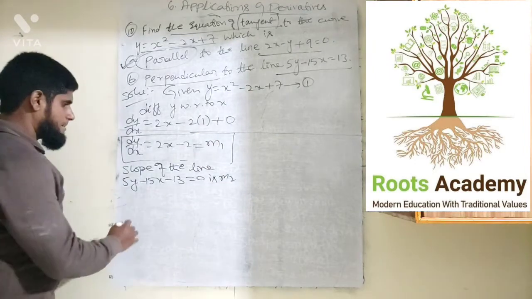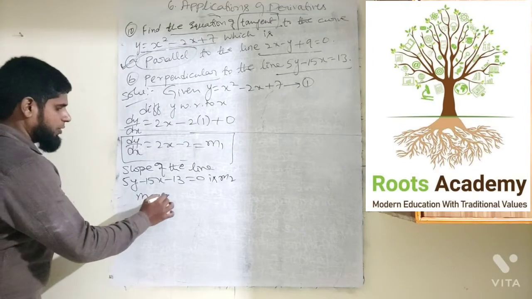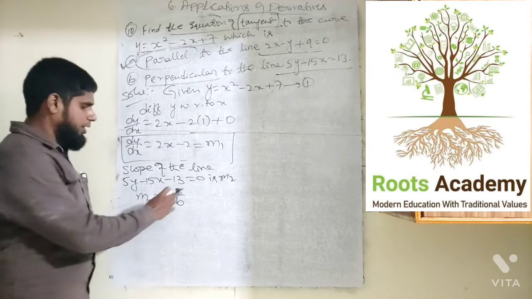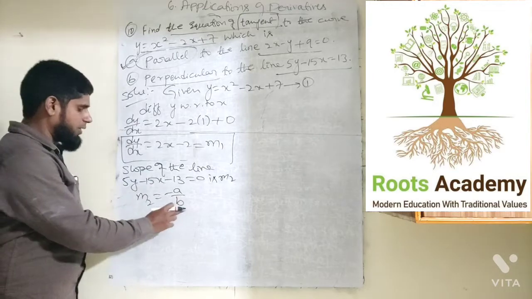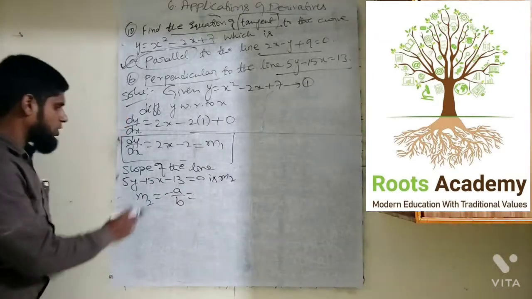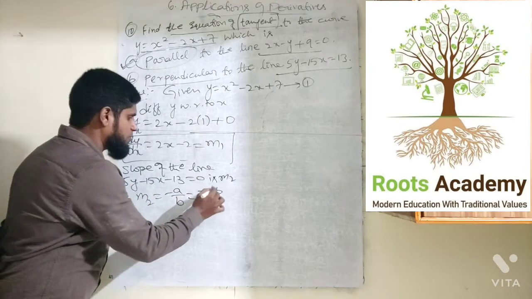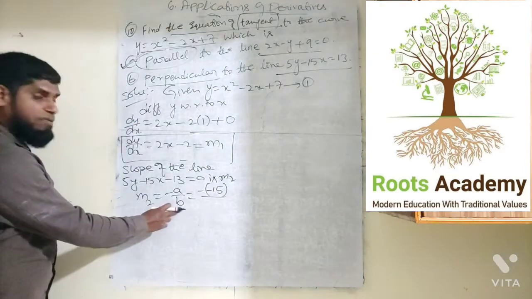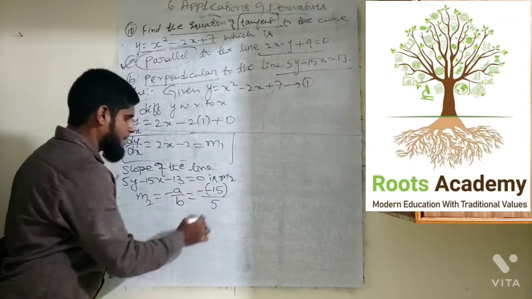So m2 is equal to minus a by b. As I said, a is the coefficient of x and b is the coefficient of y. So here the coefficient of x is minus 15, divided by the coefficient of y, which is 5.